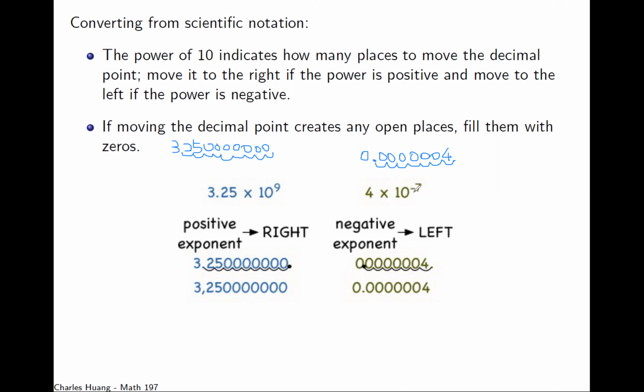You'll notice when I have a number that's less than 1, it turns out that the 7 over here is the number of zeros that we have. And it will always work like that. However, with a number that's bigger than 1, the 9 over here is not going to be the number of zeros.